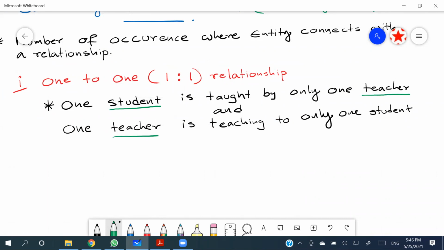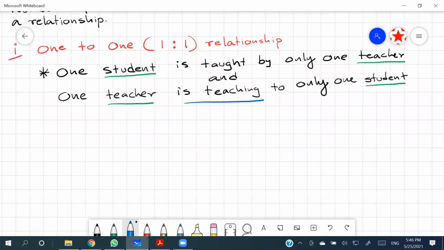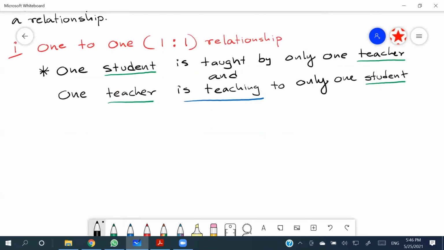Anywhere, we can find those two. And the relationship is going to be "is taught by" or "is teaching". One of those we can consider. So based on that, I can draw the relationship like this.